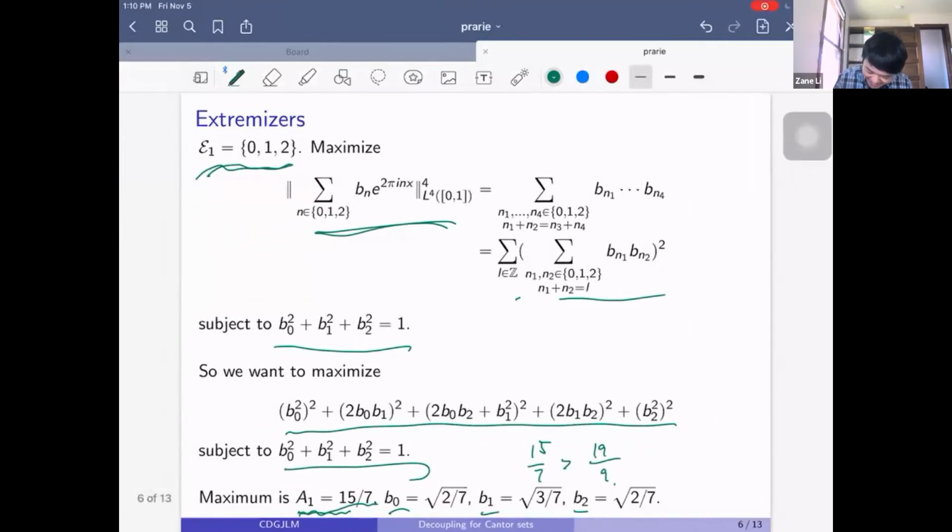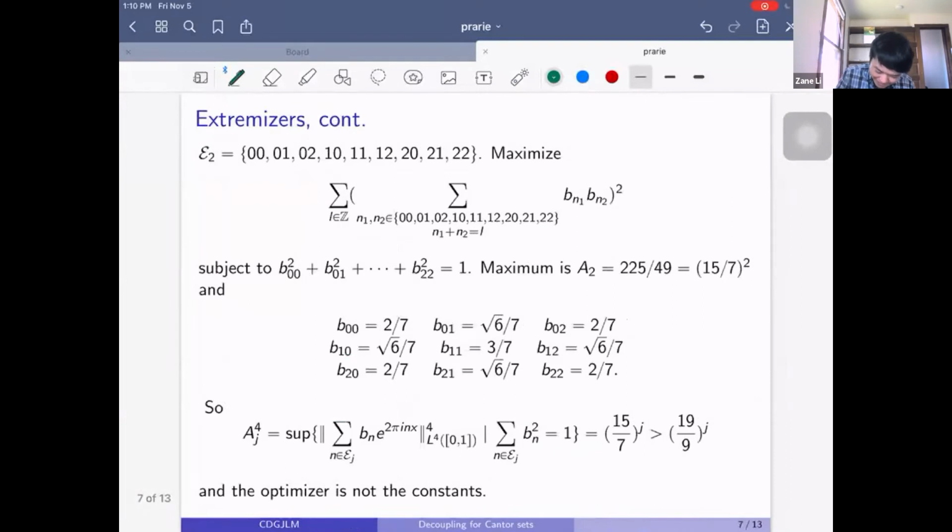So if you do it once again for j equals 2, I want to maximize, so these are the 2-digit numbers with digits 0, 1, and 2. And I want to maximize this quadratic expression subject to this constraint. And once again, you can go through the motions of this basic calculus exercise, and you compute that the maximum is 225 over 49, which is 15 over 7 squared.